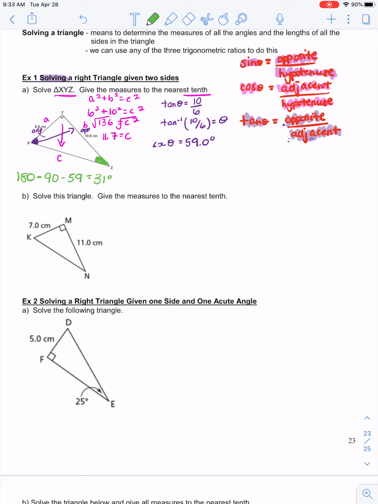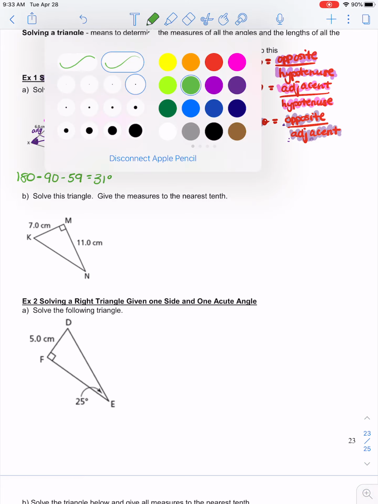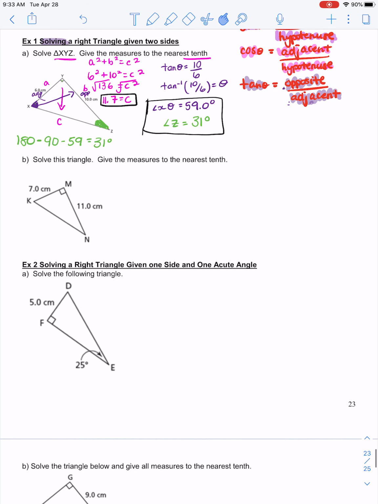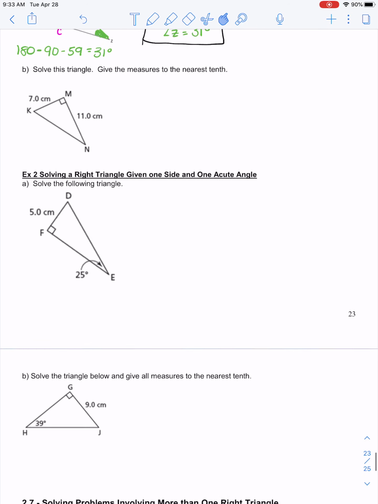So that is angle Z. Those are my 3 missing parts. That's how I solve this triangle, by finding the missing side and the 2 missing angles. I'm going to get you to try B on your own, solve the triangle, give the measures to the nearest tenth. And let's try example 2.